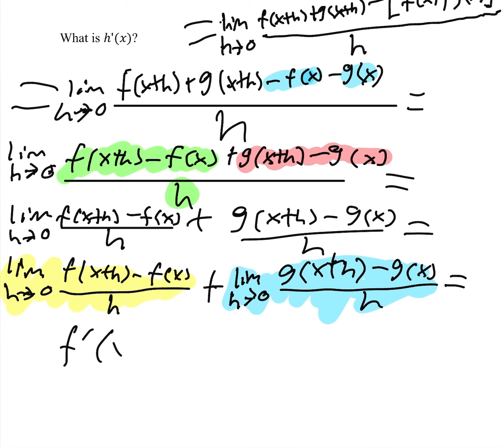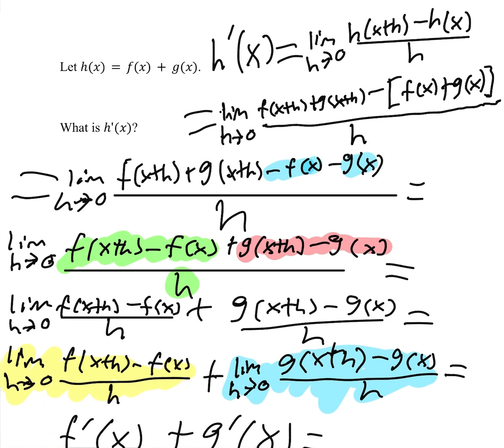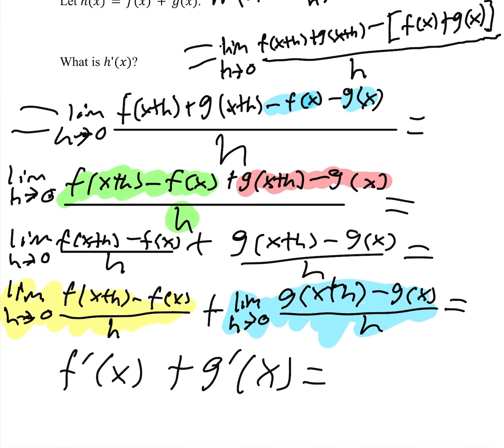So this is equivalent to f prime of x plus g prime of x, and then remember originally we said this is h prime. So this equals h prime of x. So the derivative of a sum, you take the derivative of each component.